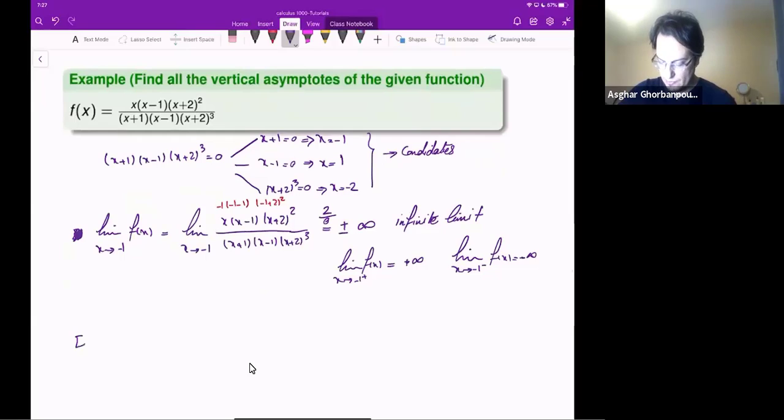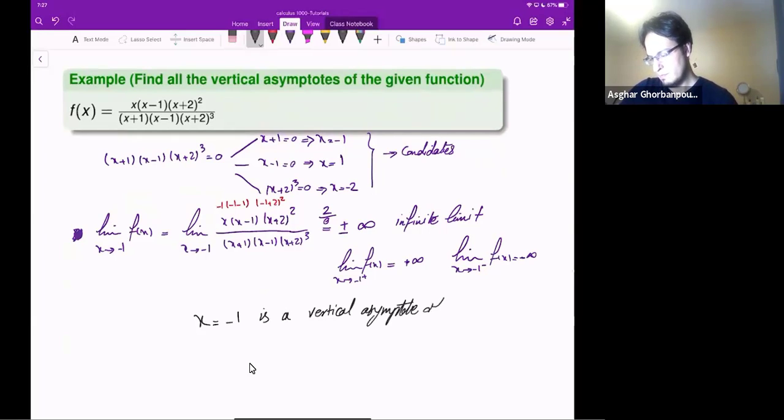Okay, so that's the first one. That right away tells me, let me write it up here, that x equal to negative 1 is a vertical asymptote of f.